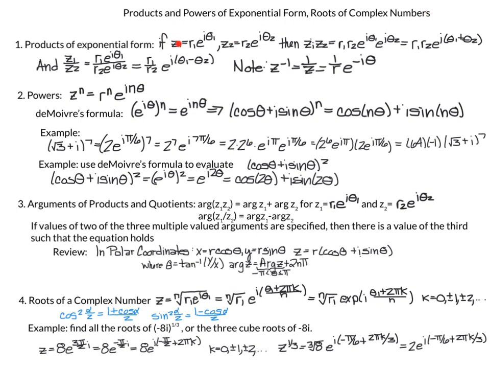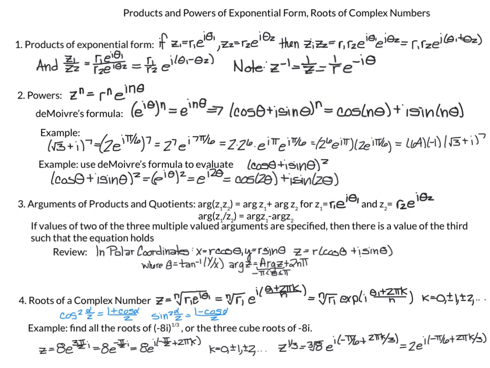If we have complex numbers z1 and z2, we said z1 times z2 is equal to the radius parts, r1 times r2, times e to the i theta 1 and e to the i theta 2, and by rules of exponents, we can combine these theta 1 and theta 2, so we get r1 r2 e to the i theta 1 plus theta 2.